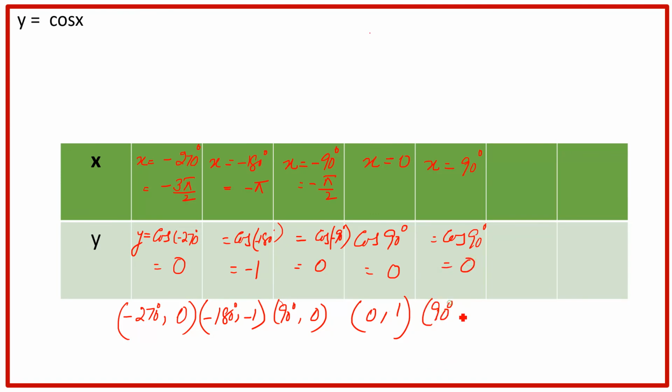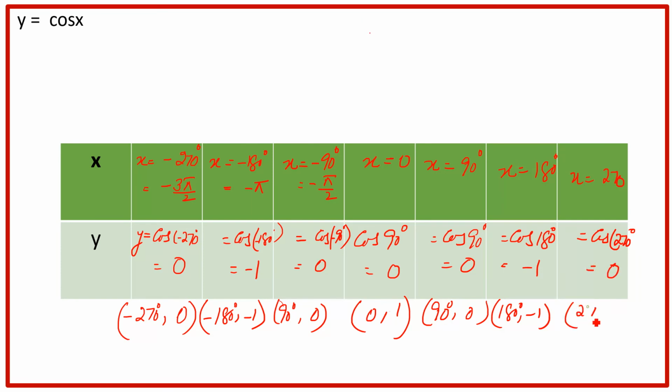So this is 90 and this is 0. If I say x is equal to 180 degree, so cos of 180 is equal to minus 1. So it will be 180 and minus 1. Now put x is equal to 270. So cos of 270 degree is equal to 0. So it is 270 and 0.